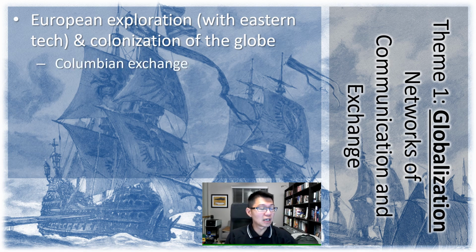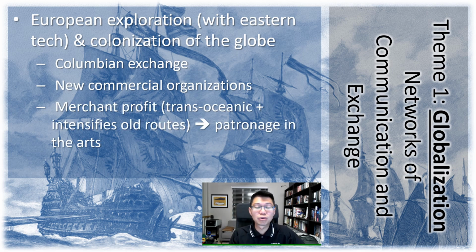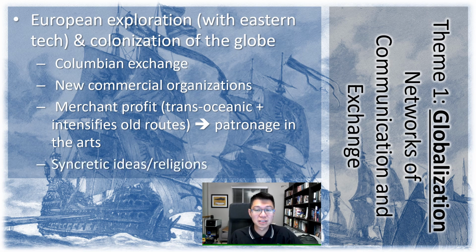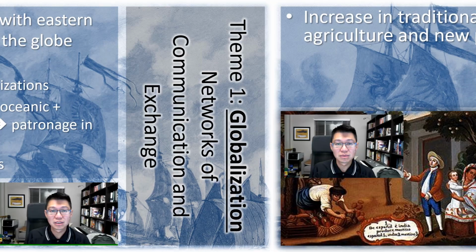And we're going to see consequences of this, like the Columbian Exchange, the creation of new commercial organizations, and also a new means by which merchants are creating profit, resulting therefore in the patronage of the arts. Furthermore, there is a spread of Western religions, but also how these are going to merge and change over time as they enter into new realms as well.